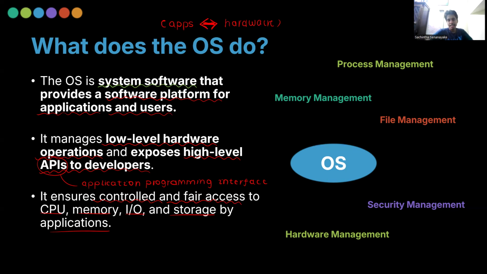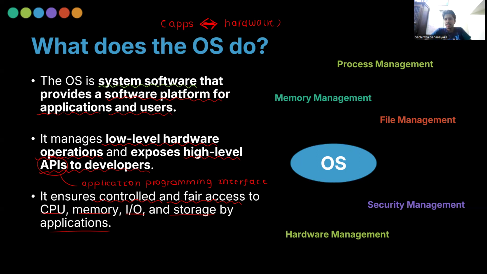So for example, it makes sure that when you're running Google Chrome and the calculator app on your computer, right, the calculator app doesn't get like 16 GB of RAM when the operating system needs some memory to allocate to the Google Chrome application, right?